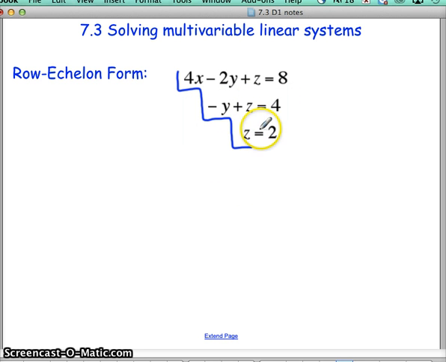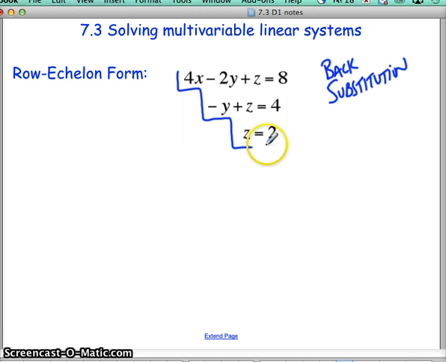And if it's in this form, you use what's called back substitution. So what that means is we start with this last equation because it only has one variable and it's already solved for us, which is nice.